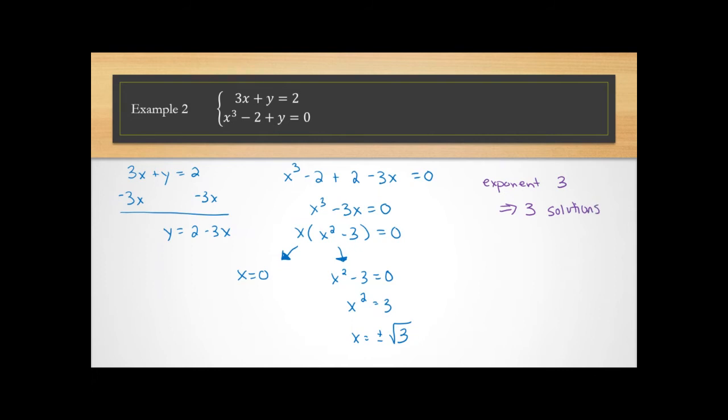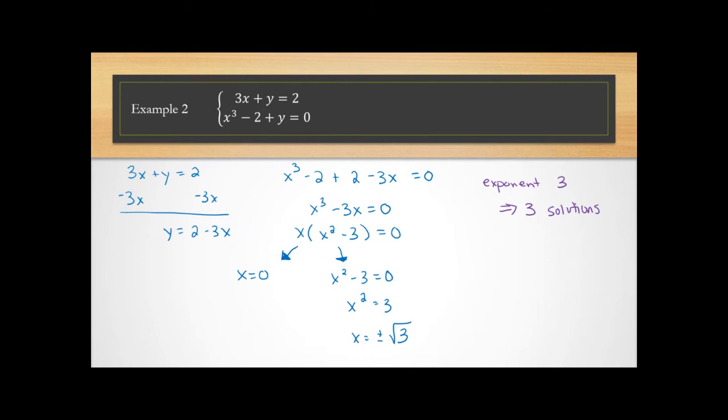Sometimes you may have less than that, but generally the exponent that you have in your system indicates how many solutions you have, or at least that's the maximum number of solutions, because it is possible to have less than that, but most of the time it's going to be equal to the same. So since we have a cubic, that's 3 solutions. So we have 3 x values. We have 0, we have negative square root of 3, and we have positive square root of 3.